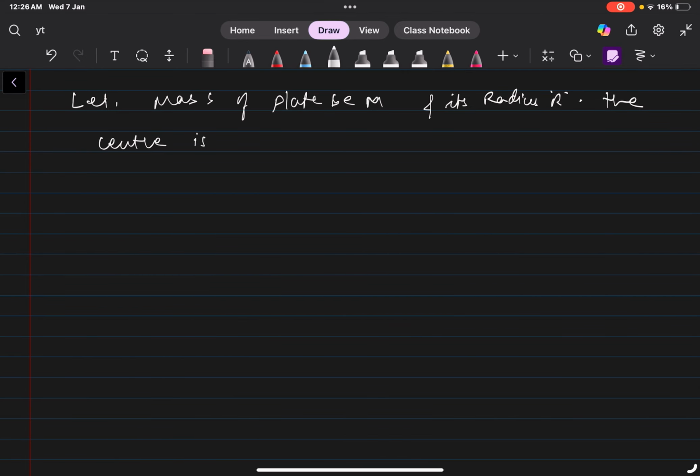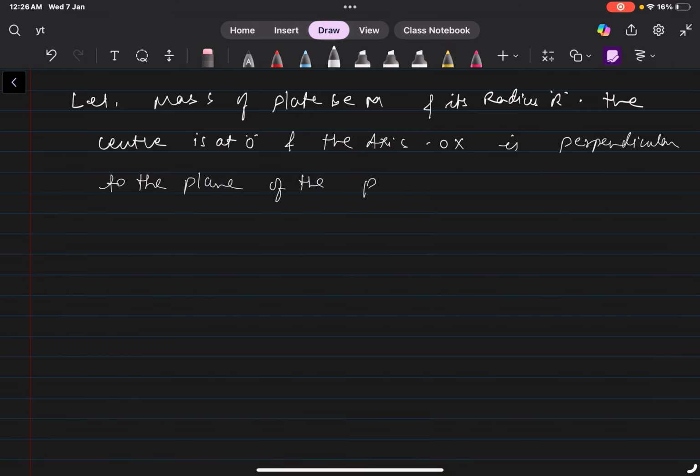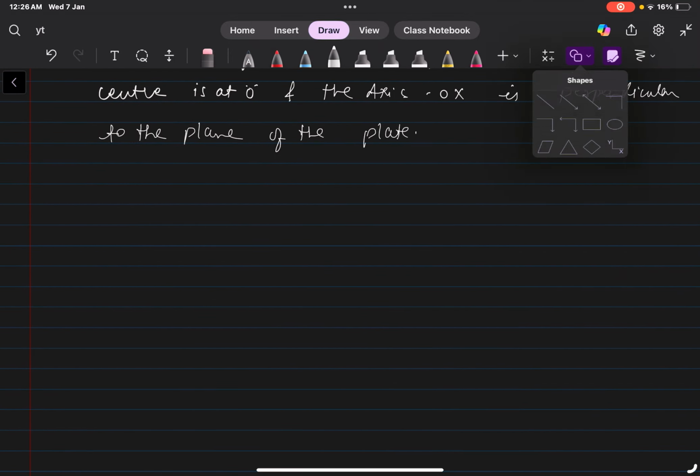The center is at O, and the axis OX is perpendicular to the plane of the plate. So we are talking about this part.